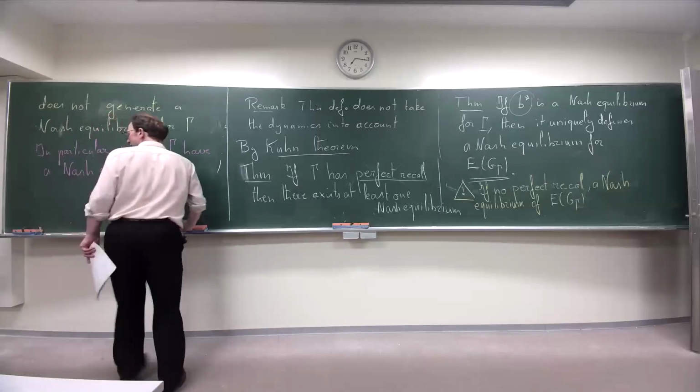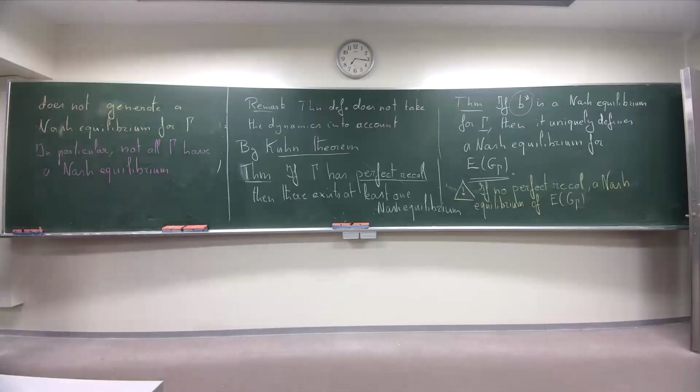Professor? Yes. In the theorem, if gamma has perfect recall, then there exists at least one Nash equilibrium. So if there are two Nash equilibria, for example, does that mean there are two for the mixed extension? I don't know, I cannot answer this. We always state that there exists at least one.